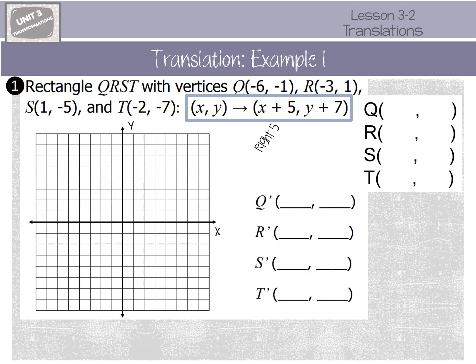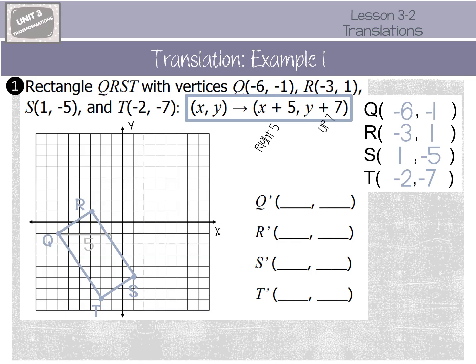So we're going to the right 5 and up 7. Point Q is at -6, -1. We're plotting our original shape, the pre-image. R is at -3, 1. S is at 1, -5. And point T is at -2, -7. There's our rectangle.